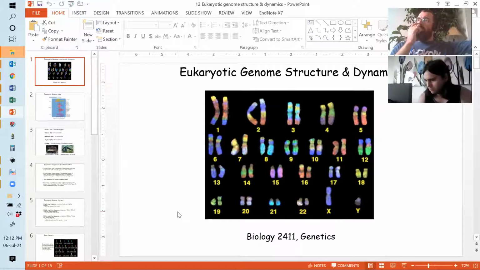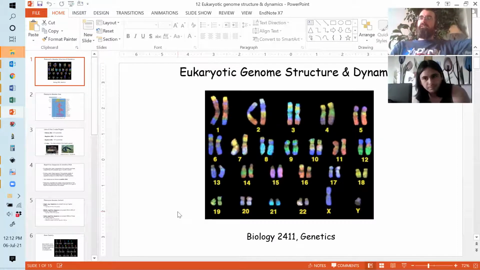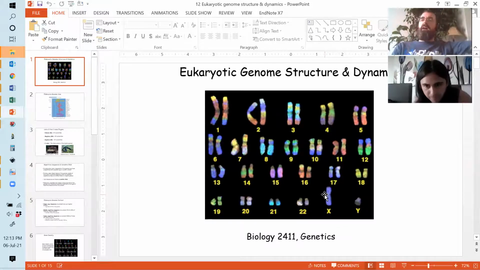So when we want to visualize chromosomes, we always get them in a condensed state, right? This is most likely mitosis. If you look carefully at the X, for example, you can see there are two sister chromatids together.